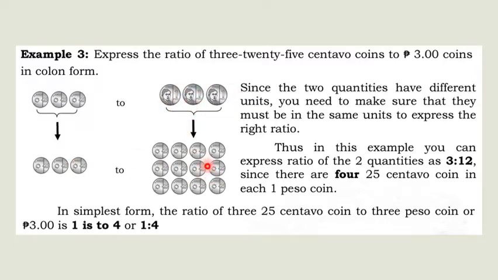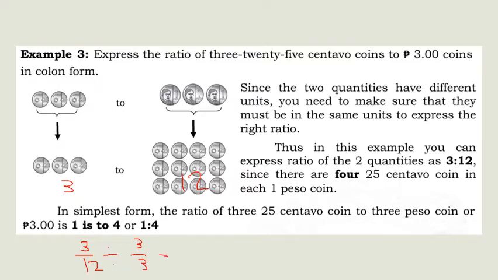Ngayon, magkapareho na sila. Pwede na natin sabihin na ang ratio ng 25 centavo coin sa 3 peso coin is 3 is to 12. So, 3 ito, yung nauna natin, and ito ay 12. So, 3 is to 12. And kapag nilowest term natin ang 3 is to 12, so, di-divide lang natin ito both sides sa 3.